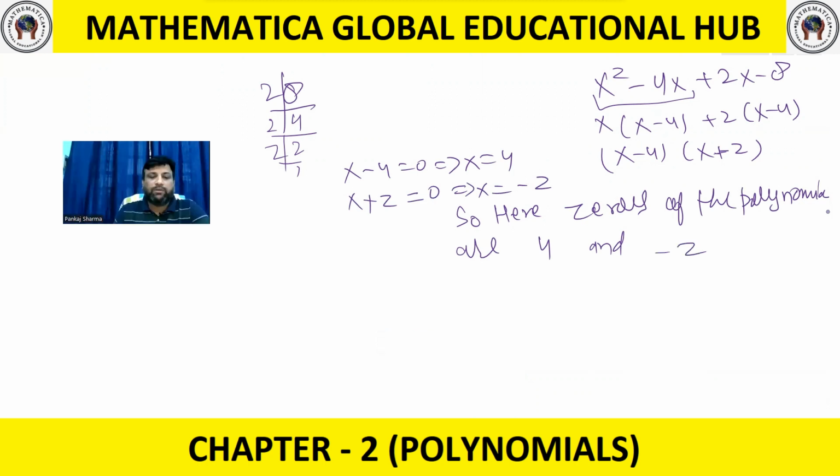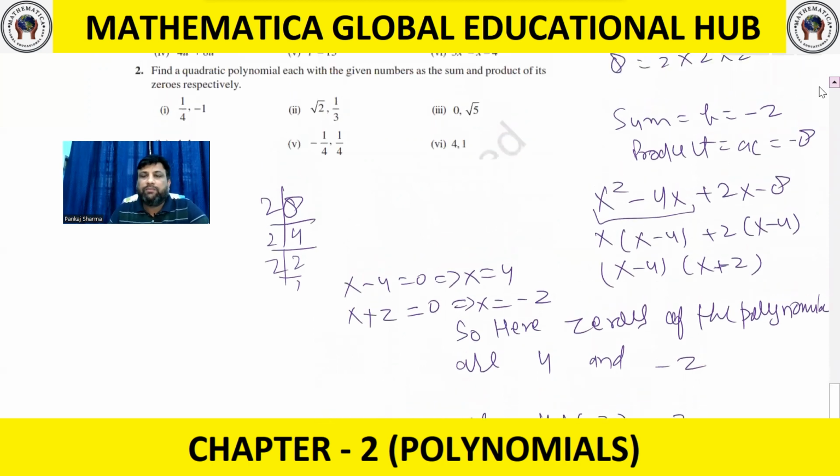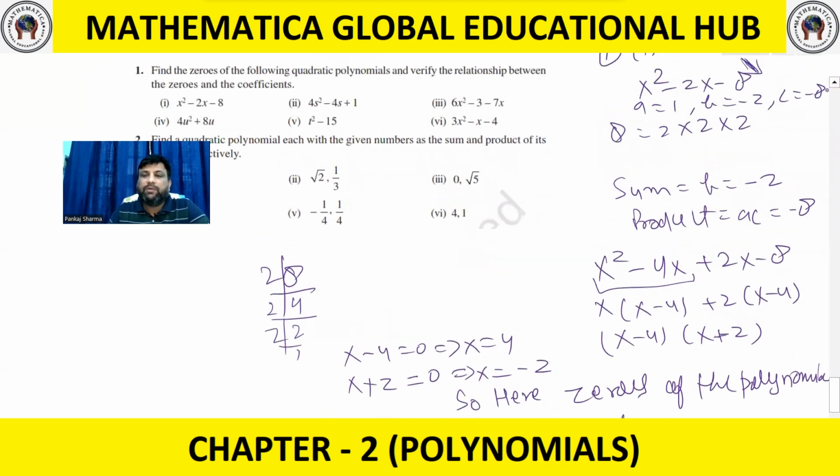Now we need to find the sum of the zeros. Yes. Sum of zeros, because we need to verify the relationship also. So we can say that 4 plus minus 2. If I add 4 and minus 2, it will be what? 2, and that will be equal to, we can see, B is minus 2 here, and A is given as 1.